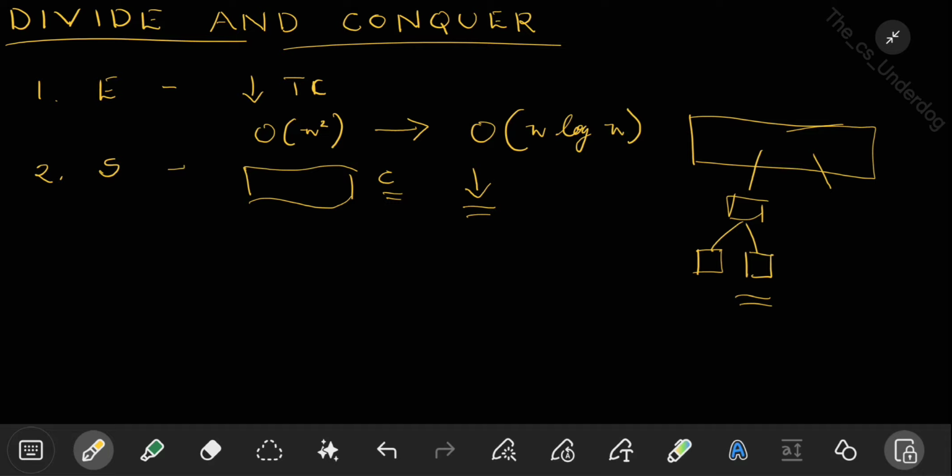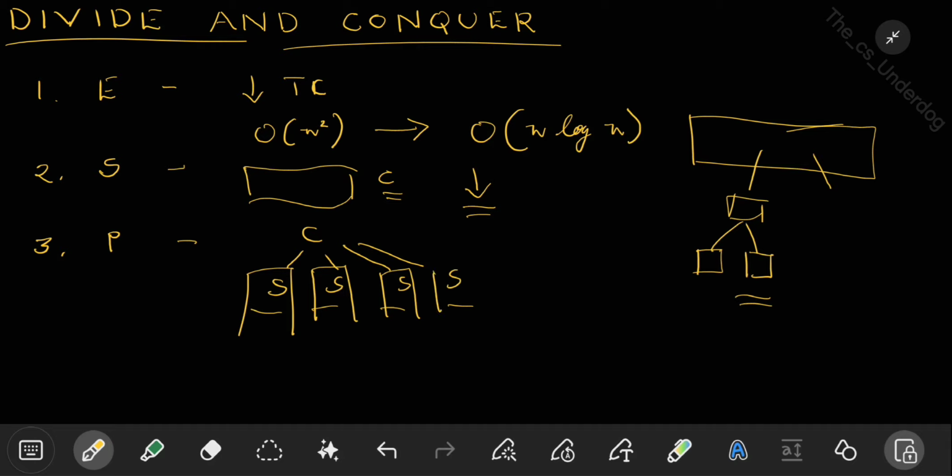So what is the next advantage? The next advantage is parallelism. How does it introduce parallelism? Whenever you apply divide and conquer, you generate sub-problems. And what are the advantages of these sub-problems? All these sub-problems are independent of each other, which means you can solve all these sub-problems in parallel and find the solutions.